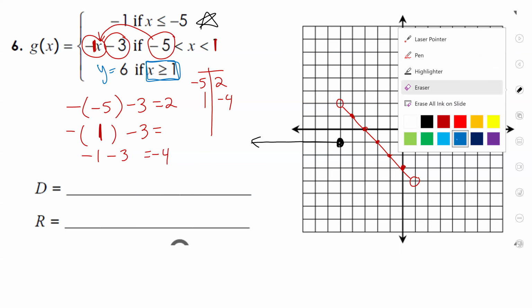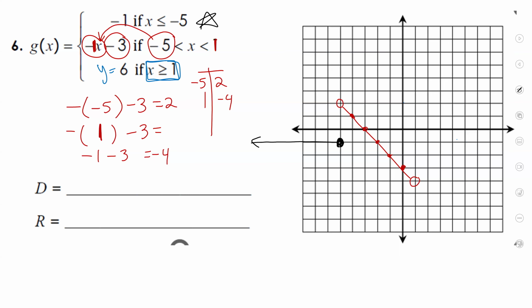It's going to be from 1 to infinity. So 1, 2, 3, 4, 5, 6, right here. It'll be a closed circle, and it goes this way. And this is the y value 6. So that's the line y equals 6, but we only want it when x is equal to 1 or bigger than 1. All right, so that is what our graph looks like.